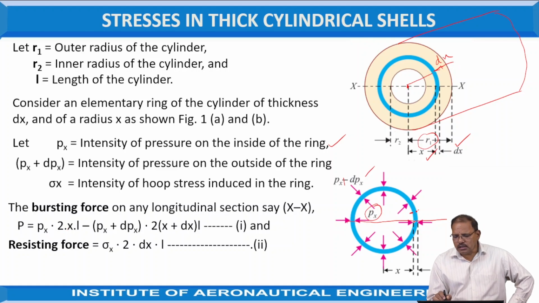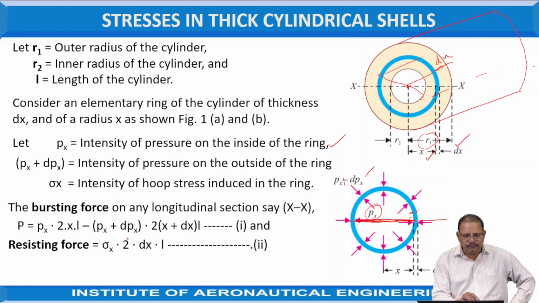Here the pressure is given, and the diameter is x plus x, 2x, because we are considering its entire length, that is 2x into L, which is the bursting force acting inside the cylinder.